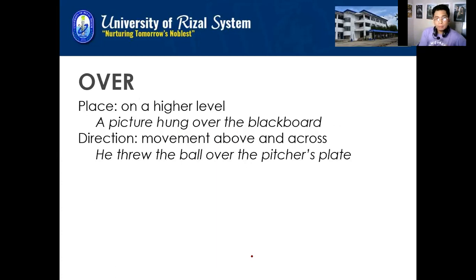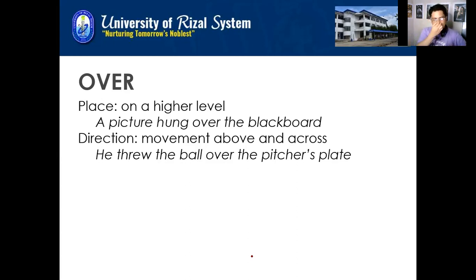Then we have "over". A picture is hung over the blackboard, so on a higher level. It also shows movement above and across, as in he threw the ball over the picture's plate. It's different from using "above" in that we see an actual motion of an object moving to another place.